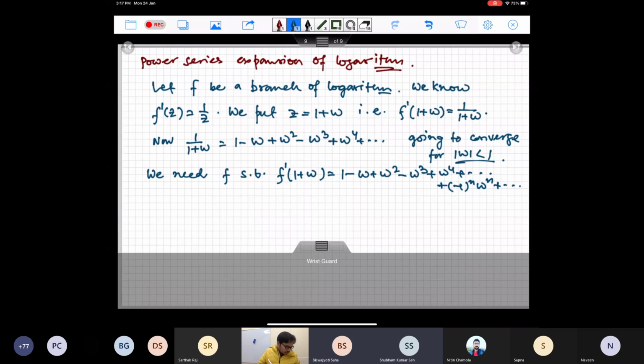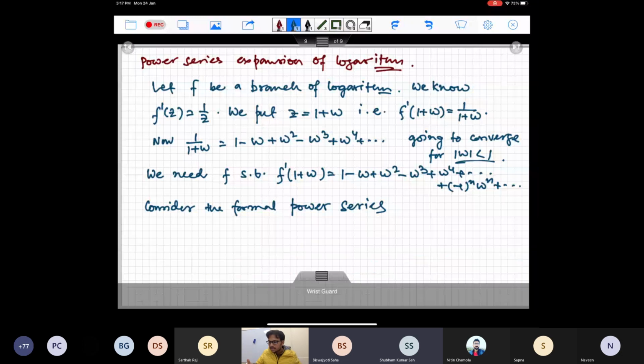Okay, so what we are going to do, consider the formal power series. What I need to do is that, you see, I know what should be my outcome once I take the derivative. Here what I am wishing for is that I know the result after taking the derivative, but now I am trying to look for the ones which gave us this one. So what you need to do, essentially, you need to take the primitive.